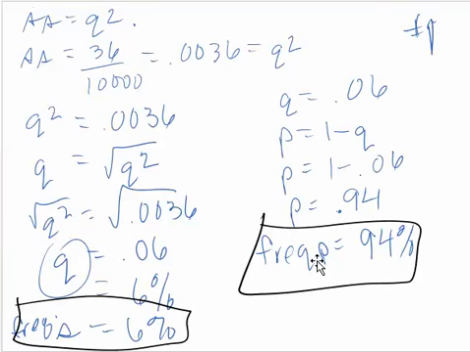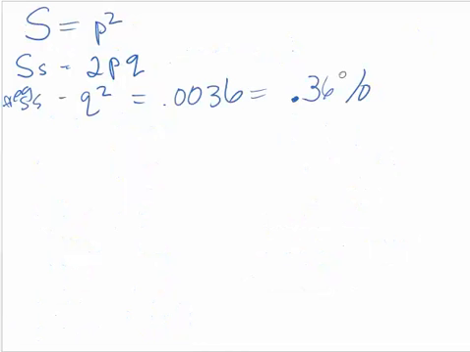P was 94%, or 0.94. So P squared equals 0.94 squared. I believe that's going to be 80 something, 0.88.